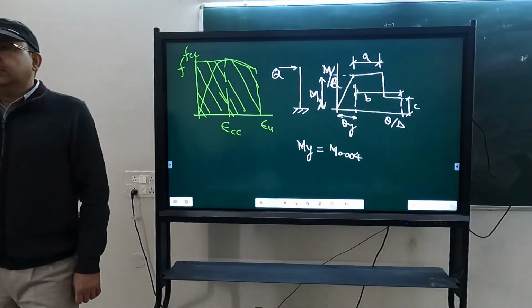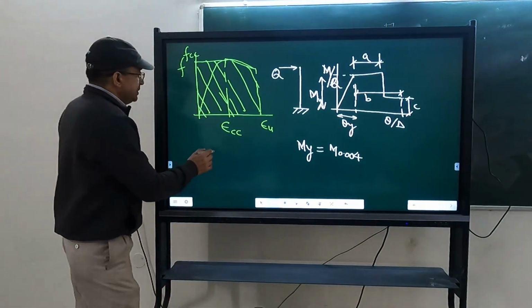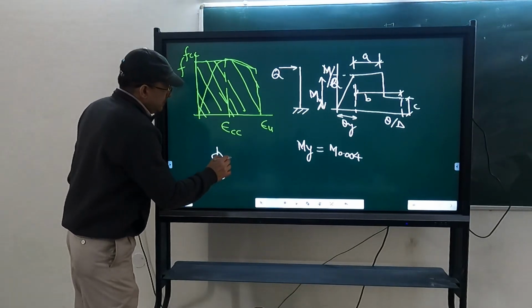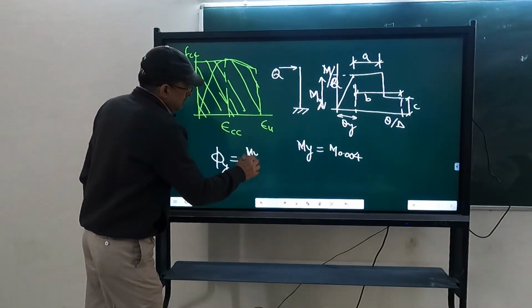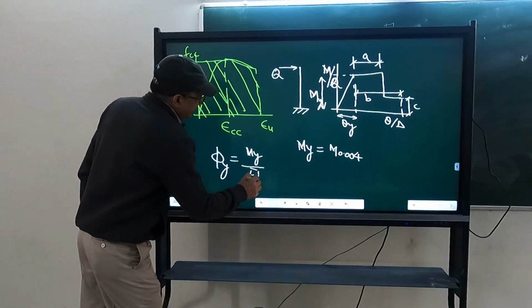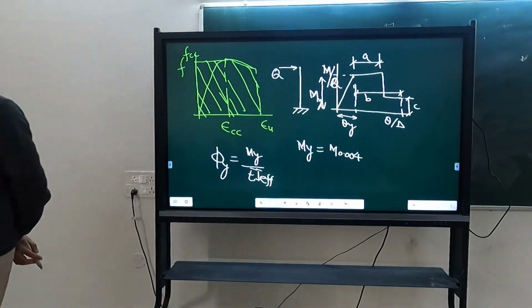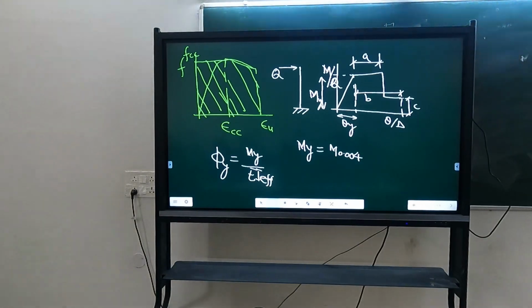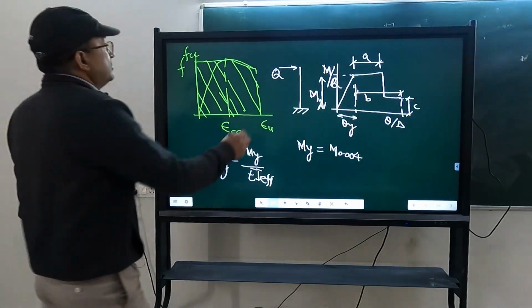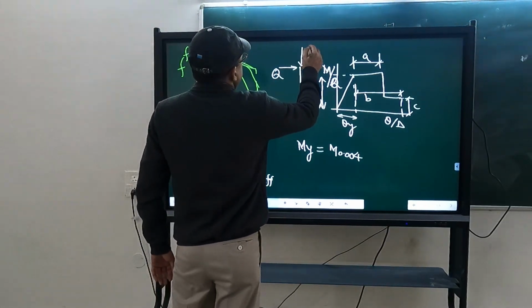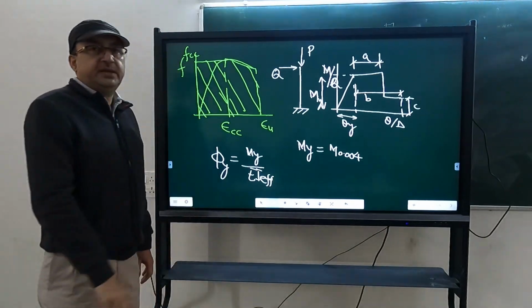So first you calculate phi y. How will you calculate phi y? My divided by EI effective. That will give you the curvature at yield. How to get EI effective? Again, a table is there. Depending on the axial force value P, you can calculate EI effective.